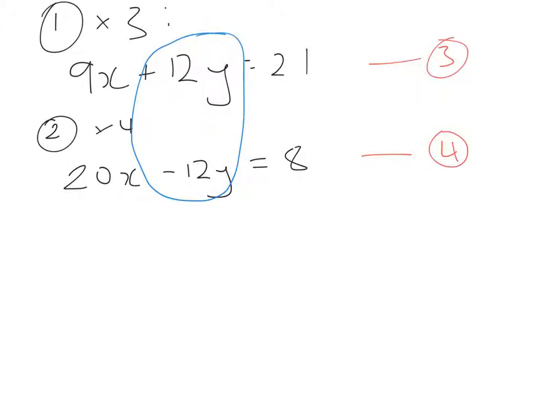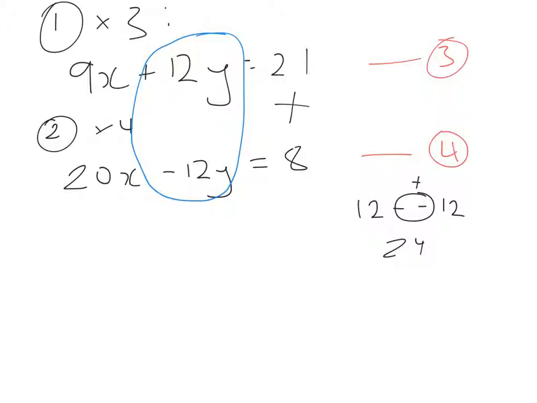Now the plus minus one is probably the more tricky of the two, because a lot of people just think it's a straight takeaway. But if you did 12 take away minus 12, it turns into 24. So it's not a takeaway. This time it's plus.